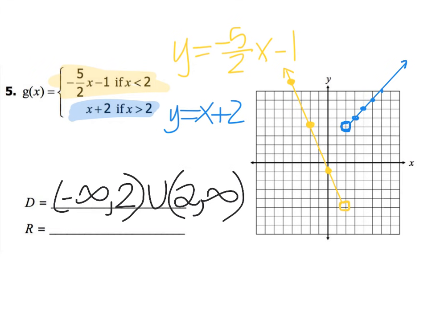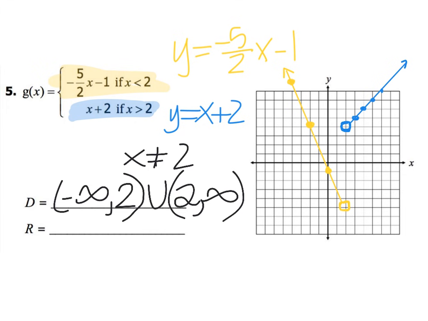So what this basically means is that x does not equal 2. When we write it like this, we're saying we're skipping over 2 because we're not including 2 on either side. But we're saying from negative infinity all the way up until 2, but not including 2, and then from 2, but not including 2, towards positive infinity. So that's how we would write this domain.